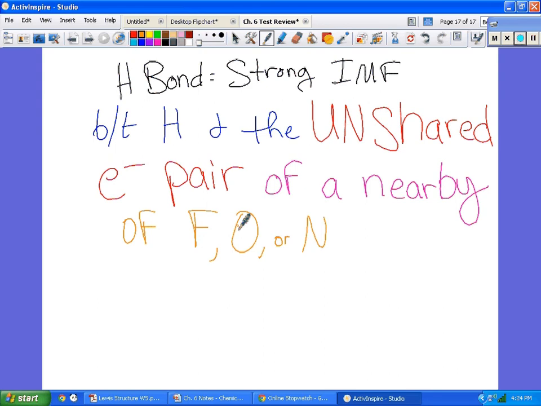All right, so hydrogen bonding. It is the strongest. Matter of fact, please edit this: it is the strongest IMF. Hey, guys, make a note, please. It is the strongest IMF. And it's between a hydrogen, and here's the key part, the unshared electron pair of a nearby fluorine, oxygen, or nitrogen.